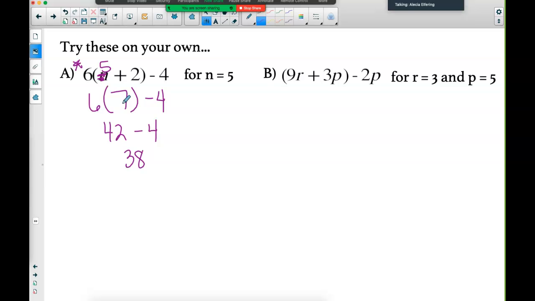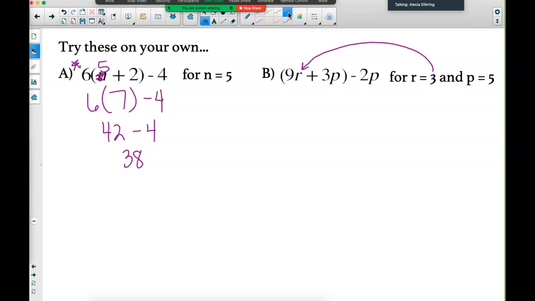Letter B. This one's a little bit different just because it has 2 variables. Not that it makes it any harder, but I can tell you the mistakes some 7th graders will make. You'll accidentally put the 3 in for P and the 5 in for R, or get mixed up about where the numbers go. So be really careful that you put 3 in for R, and the 5 goes in for each of the letter P's.